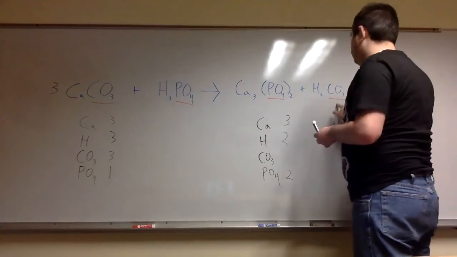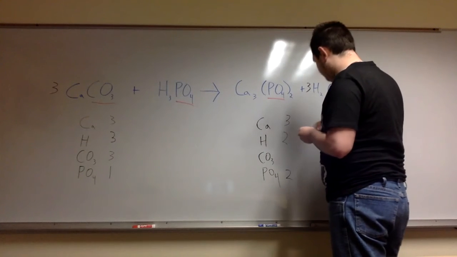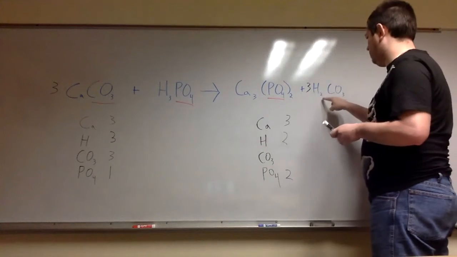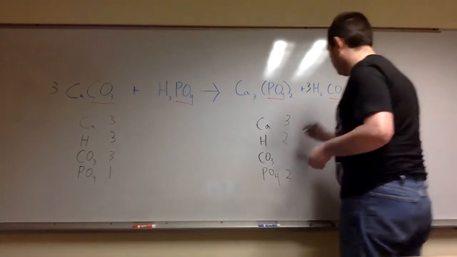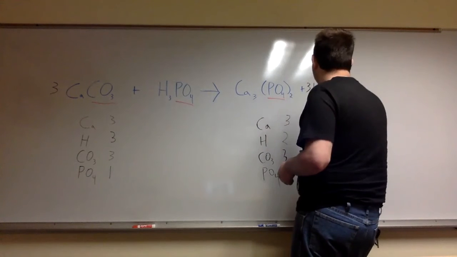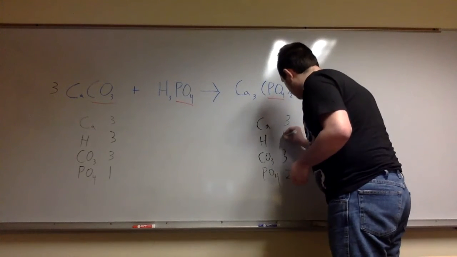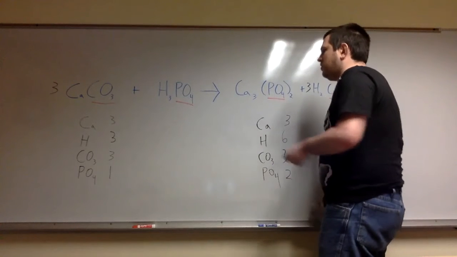We will just need to go and add a 3 there. Yeah, because that will bring that to 3. That'll change our hydrogens to 6. Our hydrogens are already at 3.